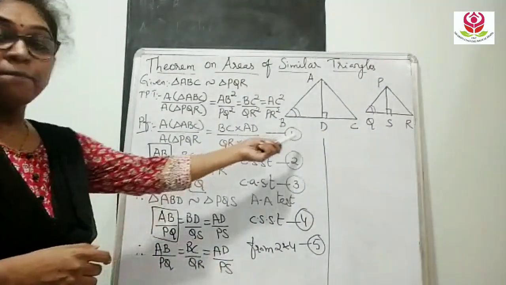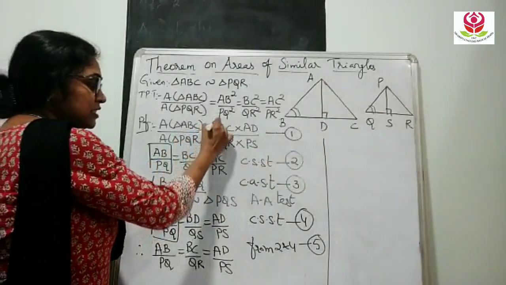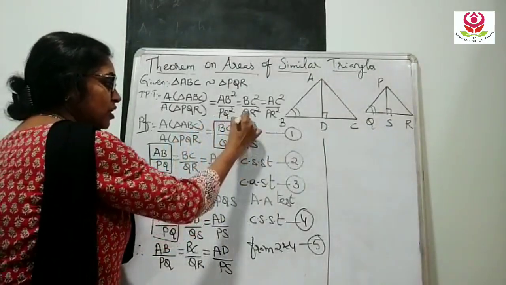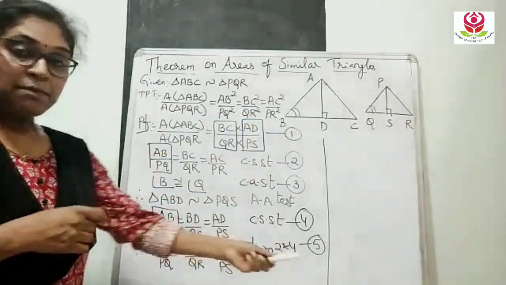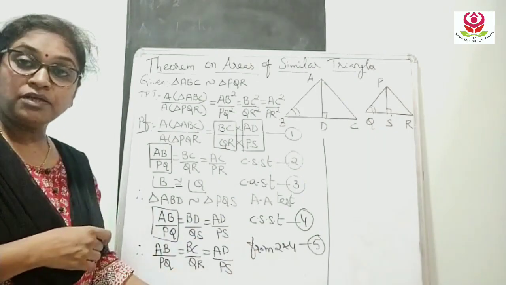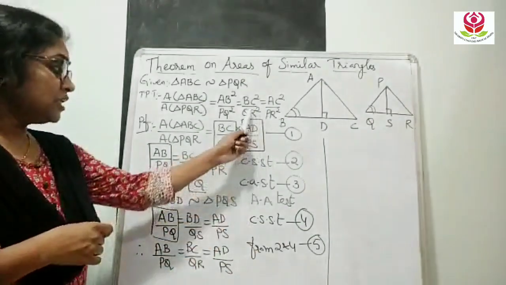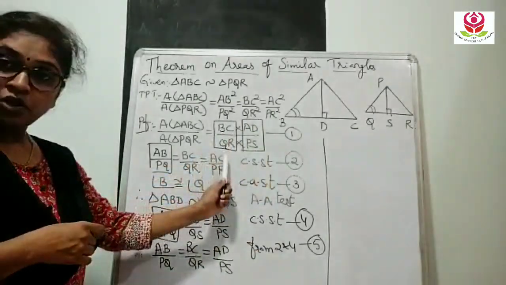Now if you come back to equation number 1, we can separate this BC upon QR and AD upon PS. As per your step number 5, BC upon QR is equal to AD upon PS. That means in place of AD upon PS, I can substitute BC upon QR.